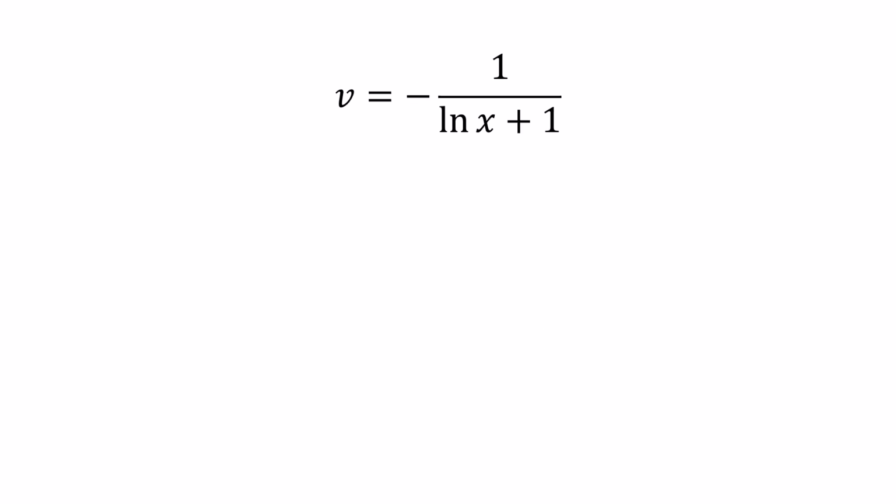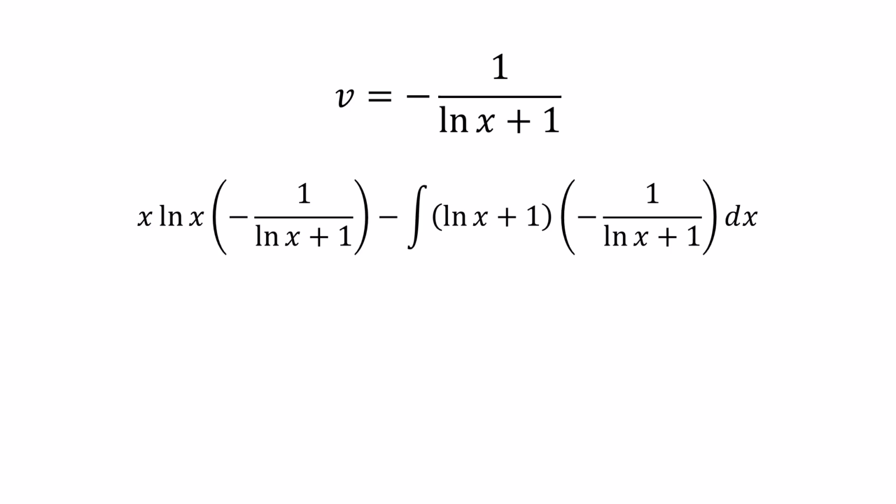Substituting into our original integral then gives x ln of x times negative 1 over ln of x plus 1 minus the integral of ln of x plus 1 times minus 1 over ln of x plus 1 dx.